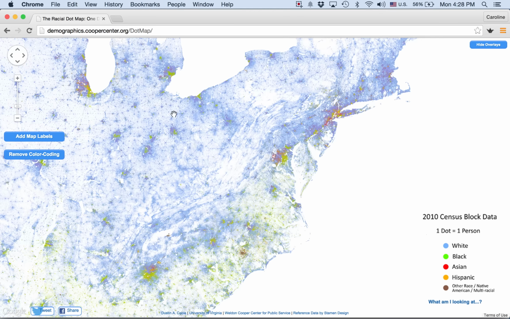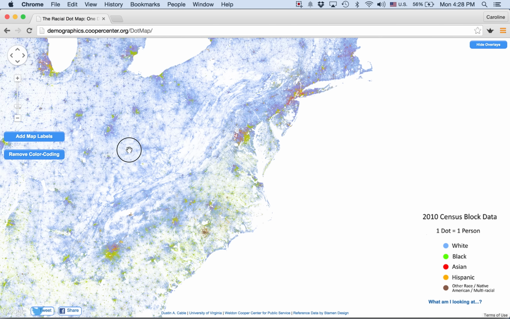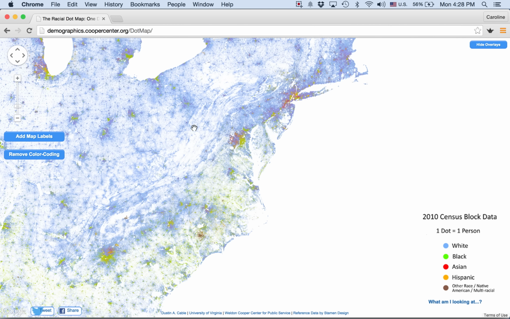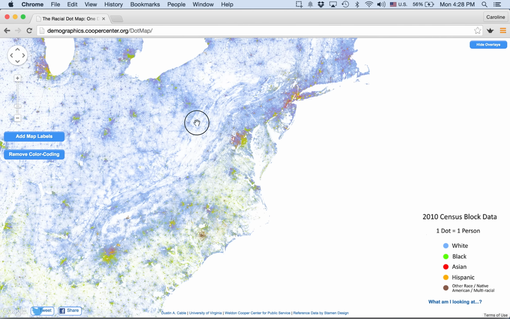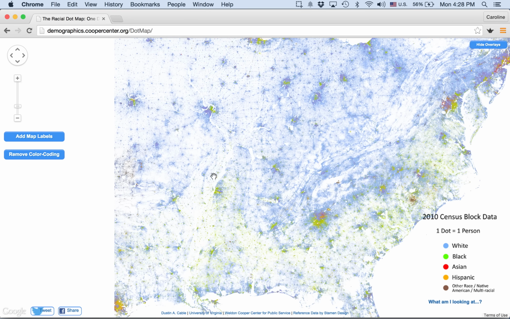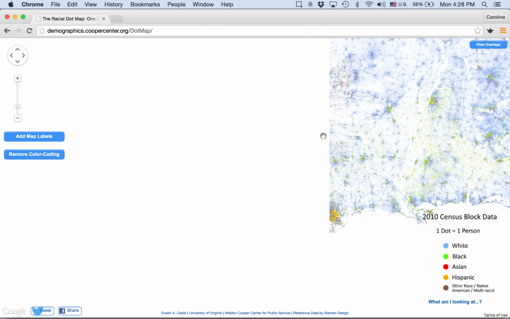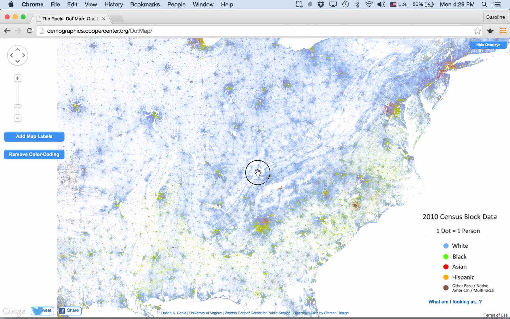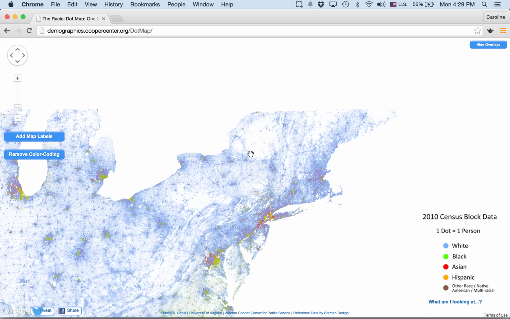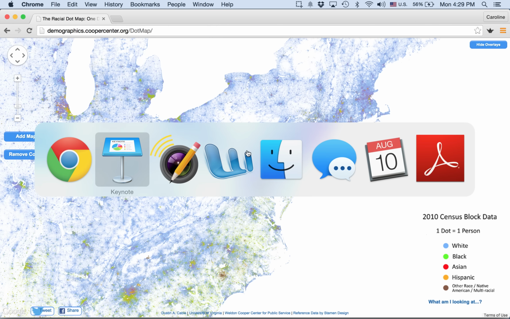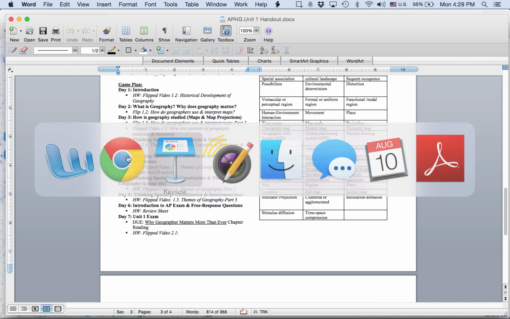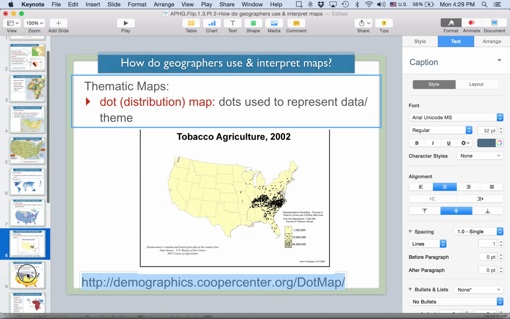And if you look down here, you and I live in one of the more diverse regions of the eastern seaboard, which is a good thing. And you can see across the United States the distribution and the diversity across the U.S. So another example of a dot distribution map, one that we will actually come back to when we get to our culture unit.